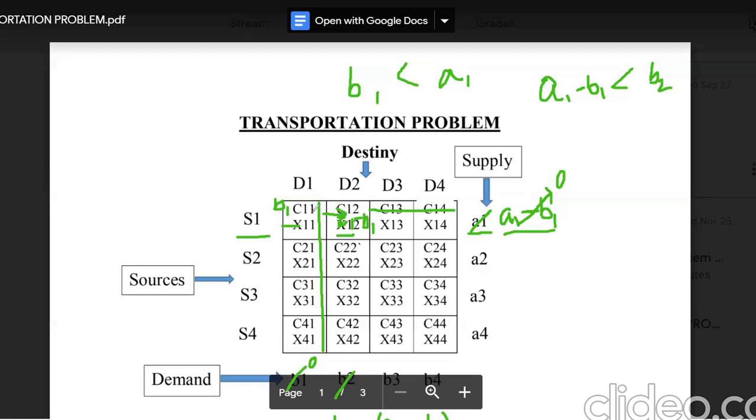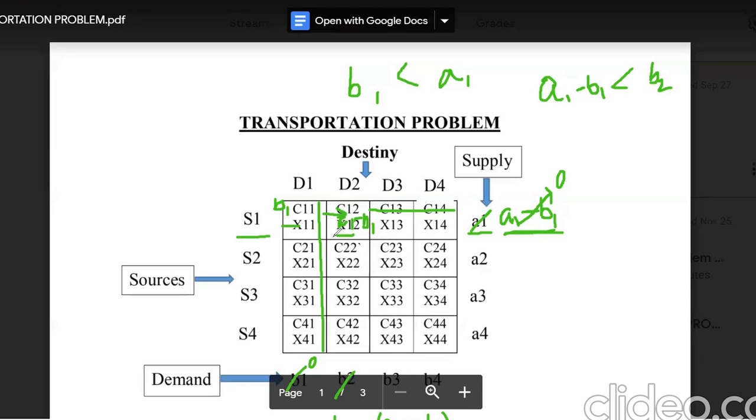For the destination D1, demand is already fulfilled, so that column has been cancelled out. For the source S1, the total capacity has been exhausted, so this row has been cancelled out.